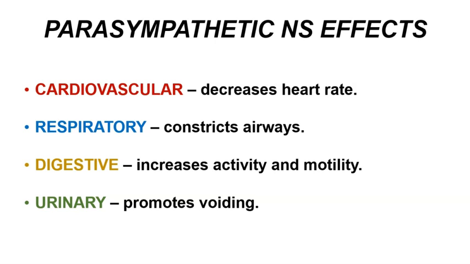In the digestive system, digestive activity as well as the motility of the food and waste moving through the system is increased, so that way we can digest the meal that we've just eaten, and put that fuel and those compounds into the body so that our body can use those to build things and maintain the body. In the urinary system, we see that the parasympathetic division promotes voiding of the urinary bladder in order to remove any stored urine that has accumulated.